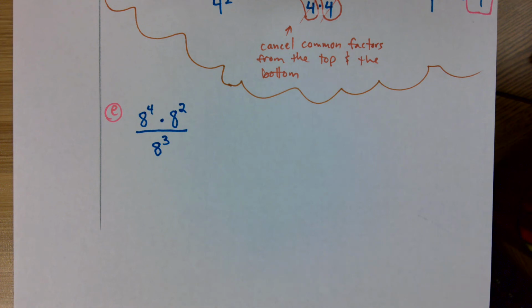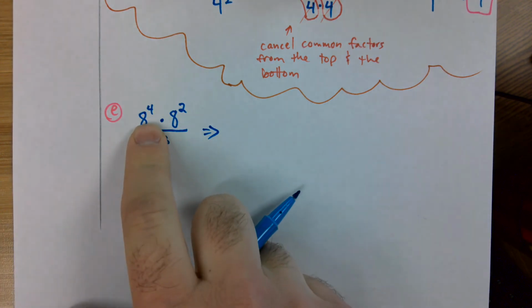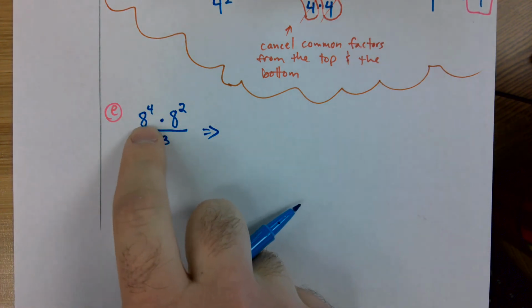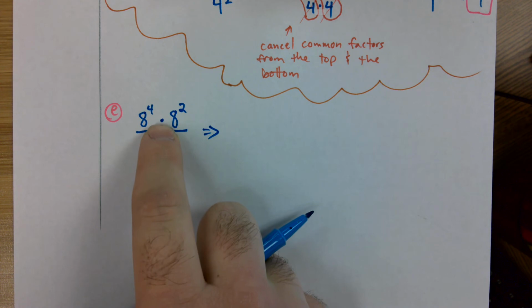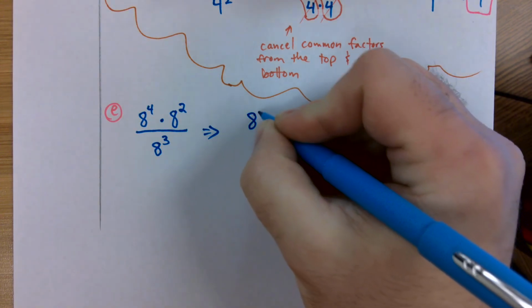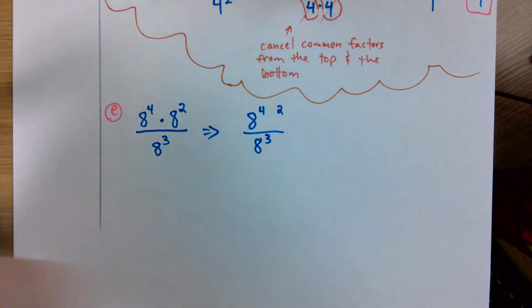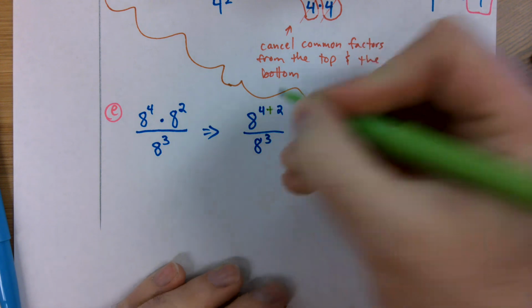Guys, let's focus up, please, especially right here in the front. So, first, let's use the product rule in our numerator. We got like bases being multiplied. So the first thing we're going to do is add these exponents up. 8 to the 4 plus 2 over 8 to the 3rd.